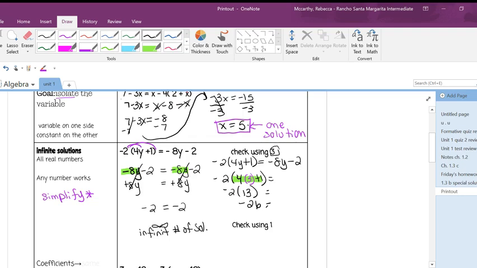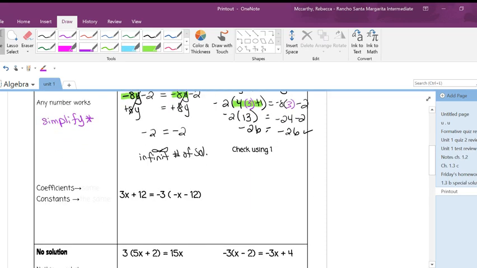Now let's look at this side. I have a -8, and then I'm going to replace the y with 3, and then -2. Using order of operations, I get -24 minus 2 also equals -26. So yes, 3 is a solution to that. Okay. Well, what about 1? Is 1 a solution to that equation?